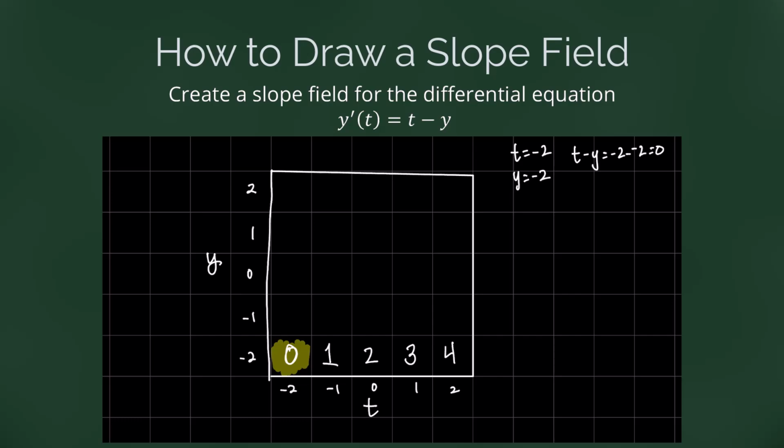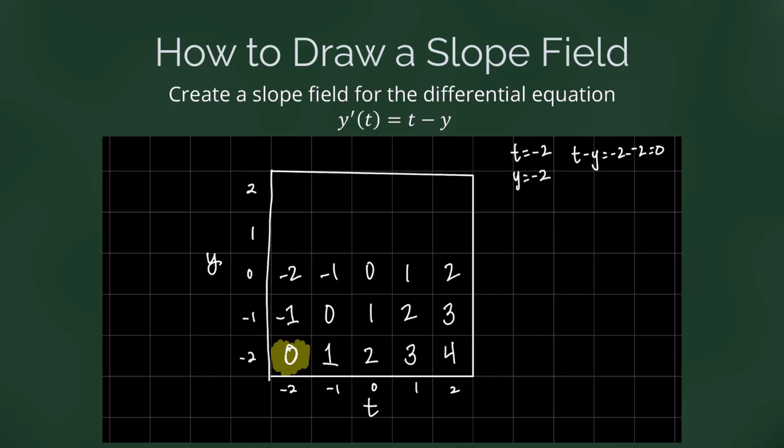We'll move up to the next row. Starting with t equals -2, we get -2 minus -1, so that's -1. Then we have -1 minus -1, 0 minus -1, 1 minus -1, and 2 minus -1. Moving up another row, -2 minus 0, -1 minus 0, 0 minus 0, 1 minus 0, and 2 minus 0.